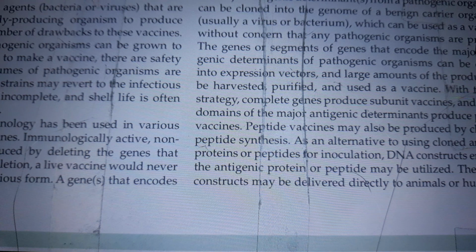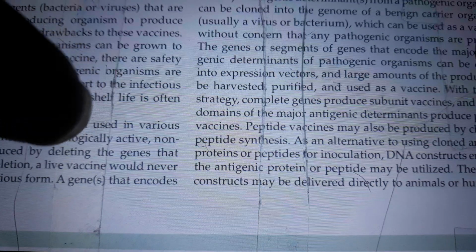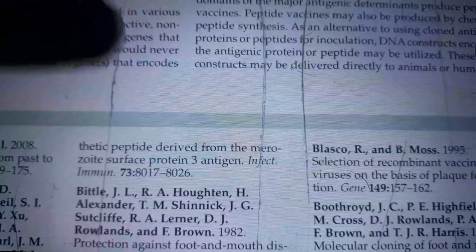Peptide vaccines may also be produced by chemical peptide synthesis. As an alternative to using cloned antigenic proteins or peptides for inoculation, DNA constructs encoding the antigenic protein or peptide may be utilized. These DNA constructs may be delivered directly to animals or humans. That summarizes vaccines. Let's go to the review questions.